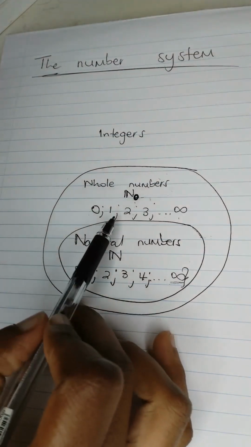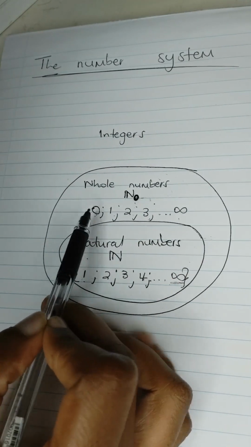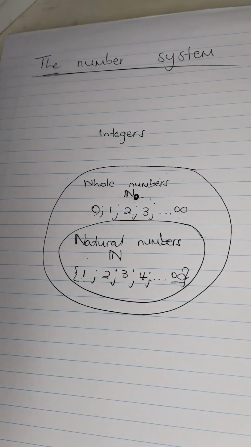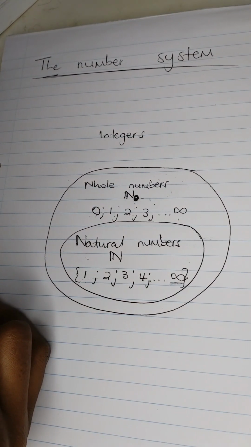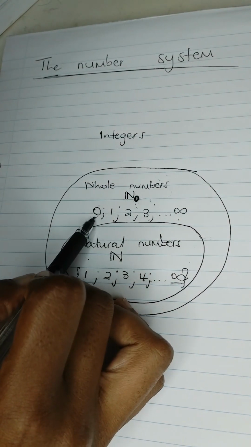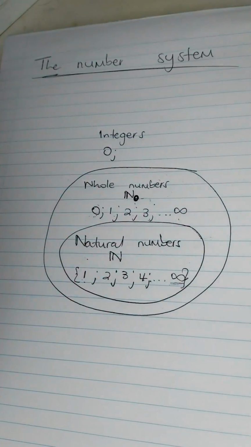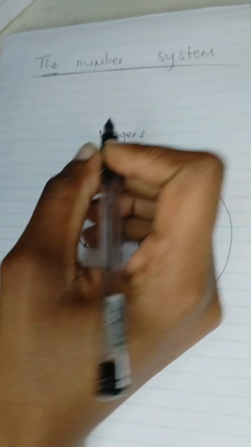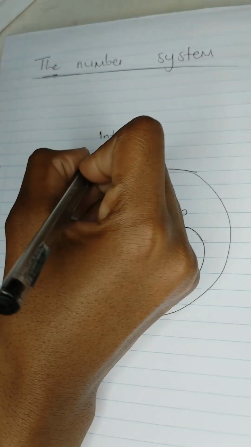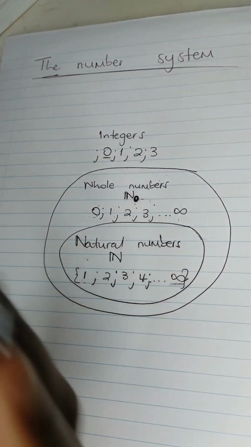Remember, on your number line, negative numbers are on your left hand side after 0. So we extend our whole numbers, and from 0, when you go to the left, that is where you introduce your negative numbers.